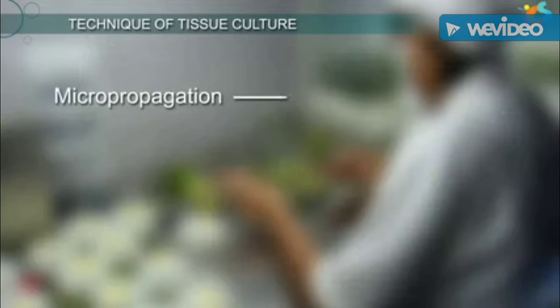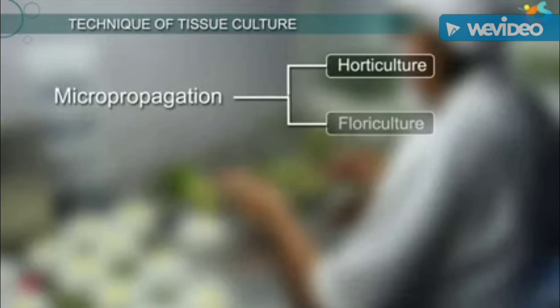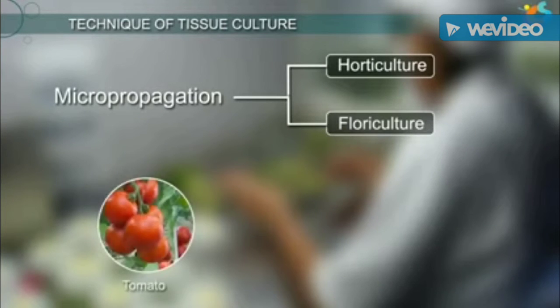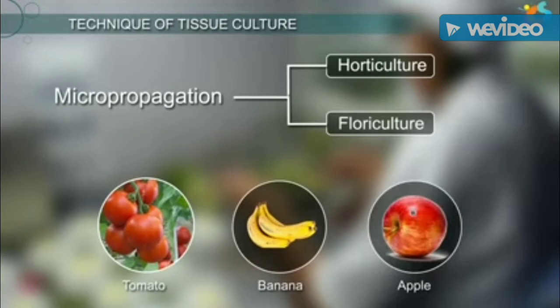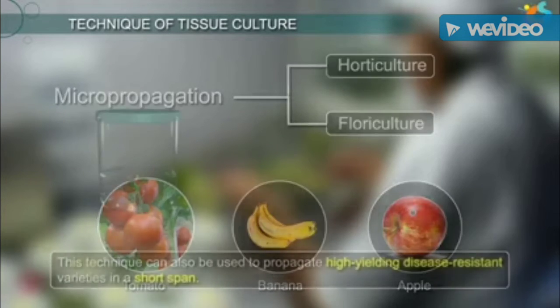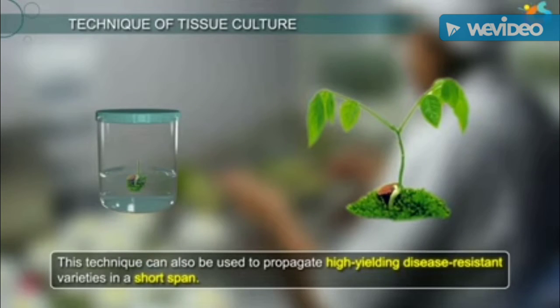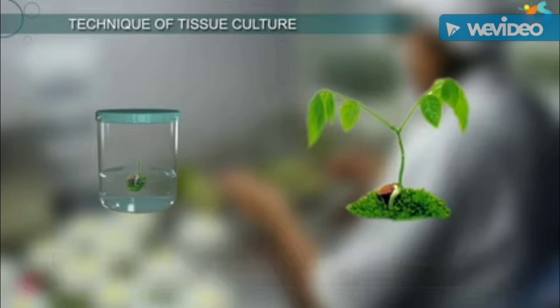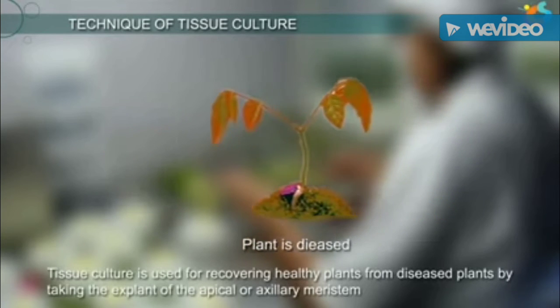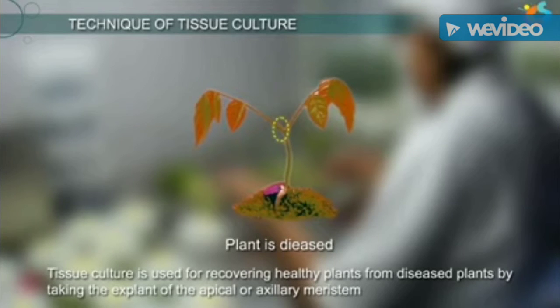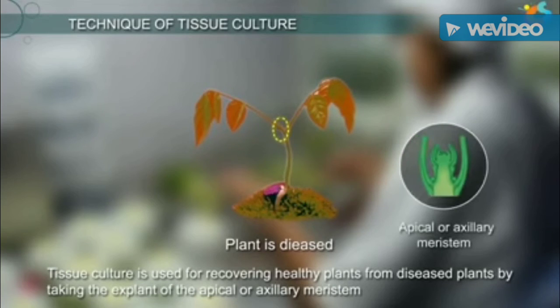Micropropagation is extensively used in horticulture and floriculture and is employed in the large-scale production of tomato, banana, apple, etc. This technique can also be used to propagate high-yielding disease-resistant varieties in a short span. Even when a plant is diseased, tissue culture is used for recovering healthy plants from diseased plants by taking the explant of the apical or axillary meristem.